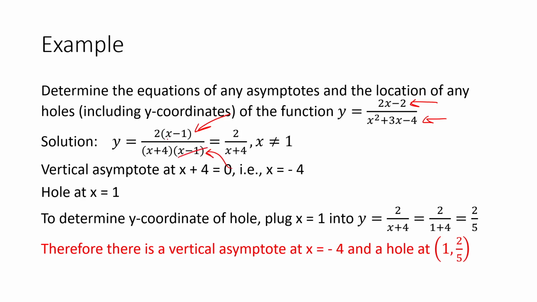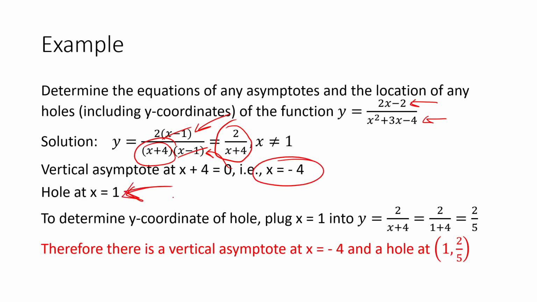Now we can cross out x minus 1 from numerator and denominator, and we ultimately simplify to 2 over x plus 4, but we see that x cannot equal 1. That means we're going to have a hole at x equals 1. But we're going to have a vertical asymptote at x plus 4 equals 0, or in other words, x equals negative 4.